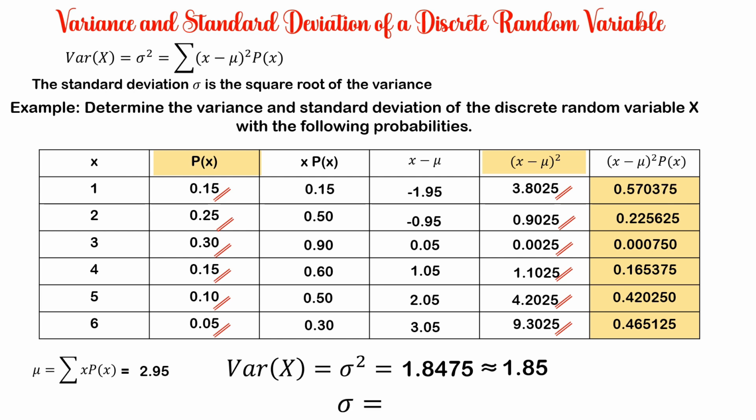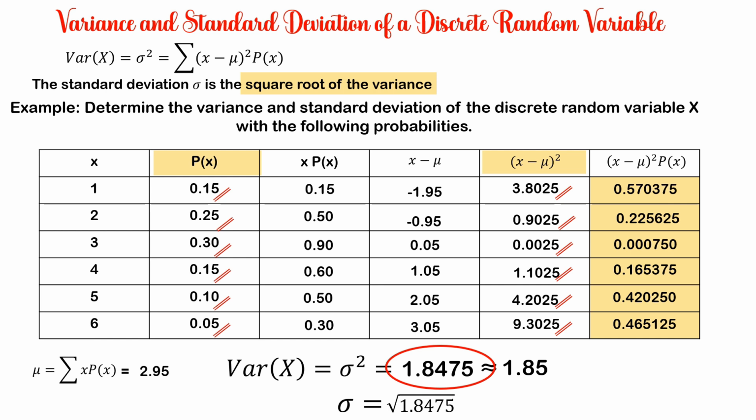And in that case, we can now solve the standard deviation of the discrete random variable. That is the square root of the variance, or simply the square root of 1.8475 from the result of the variance.